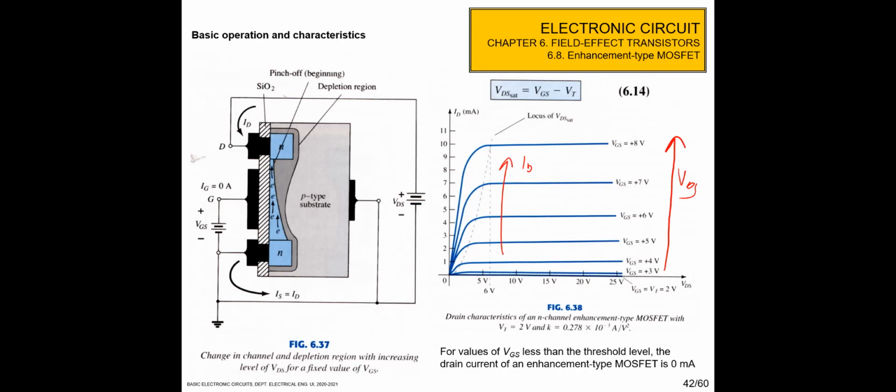When we increase the VDS, at first the current will flow in this active region, and then after some point here, like 6 volts here, this is what we call the saturation, and the channel will be pinched off like this one. So the current will saturate. The current doesn't increase but just remains stable like this one. Okay, so this is the pinch off or saturation region.